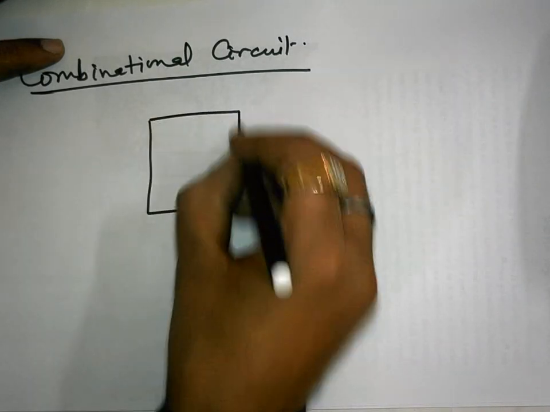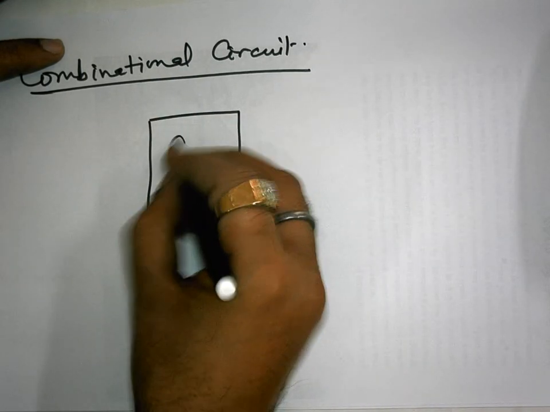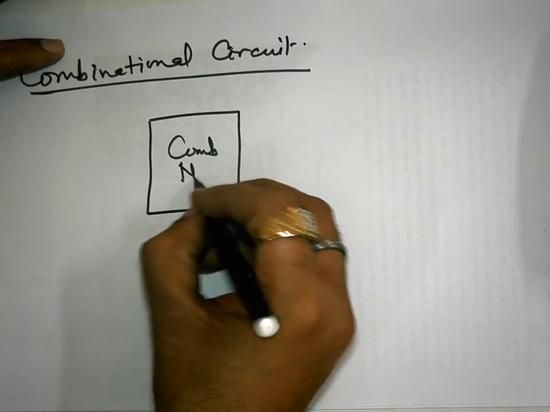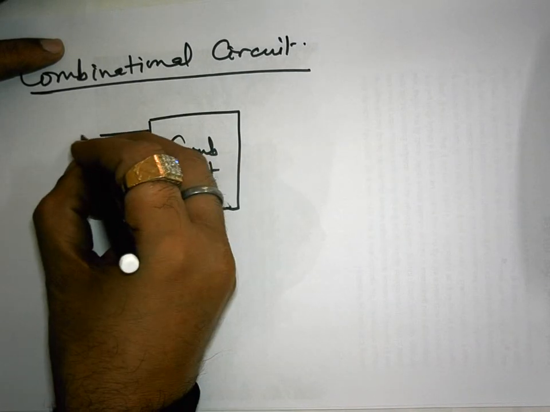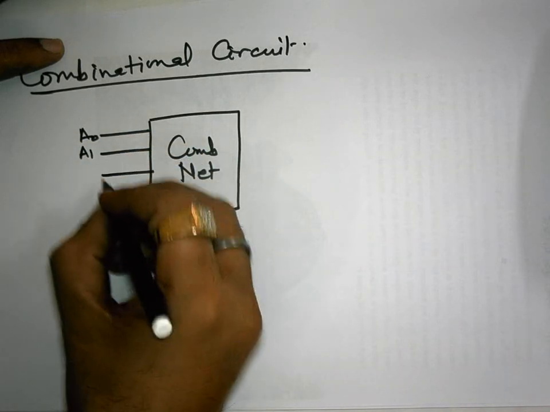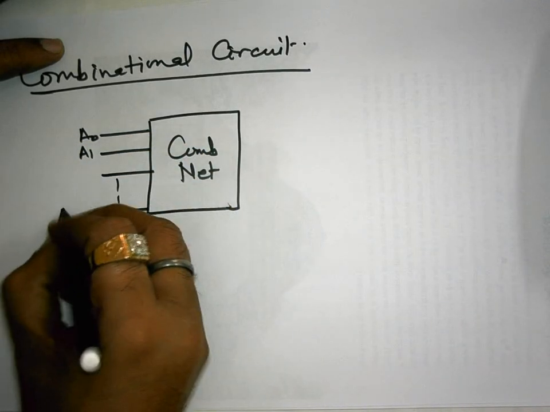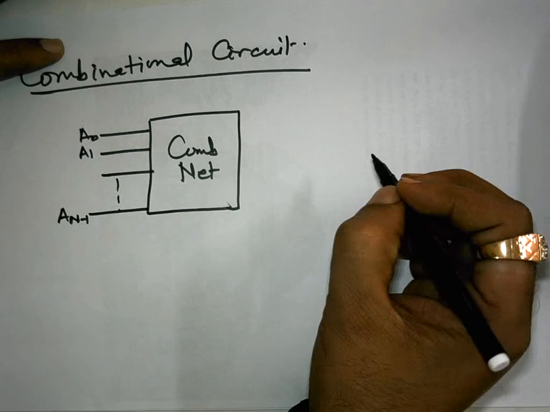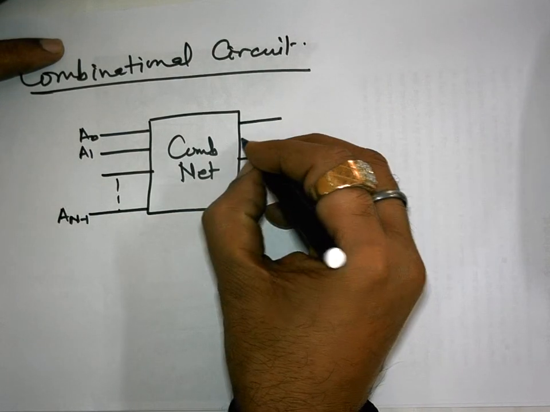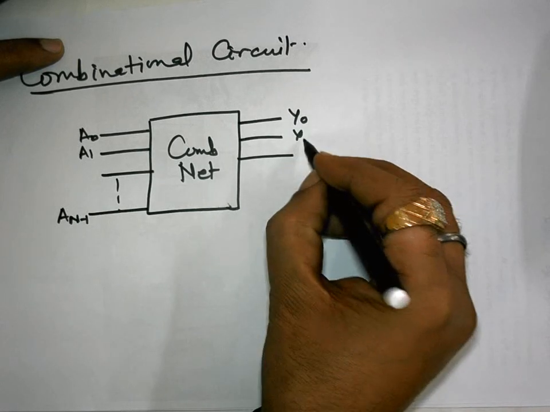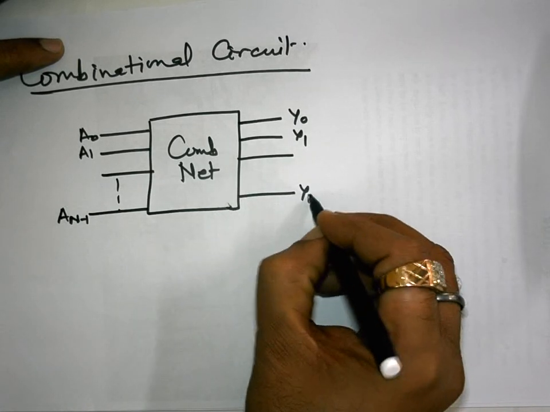Suppose we have a combinational network, it has n inputs, say A0, A1 up to An minus 1 are the n inputs, and it will have one or more outputs, say Y0, Y1 up to Yn minus 1.